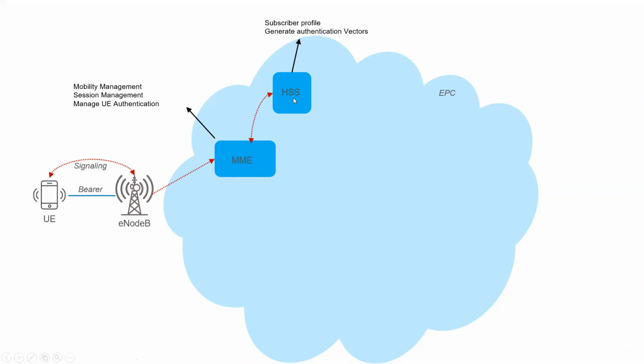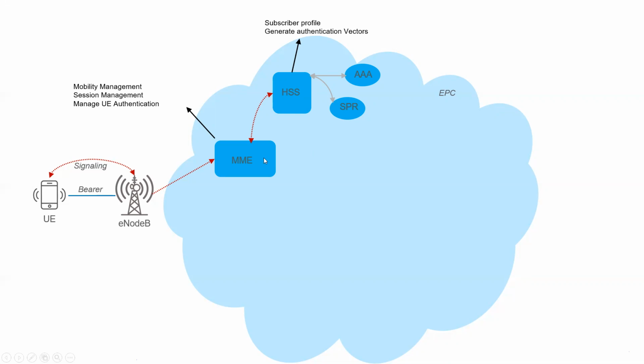So HSS will basically have a database where it will have all the subscription details of a UE. It will have details like whether it is a postpaid subscriber or a prepaid subscriber, and will pass all this information towards the MME.